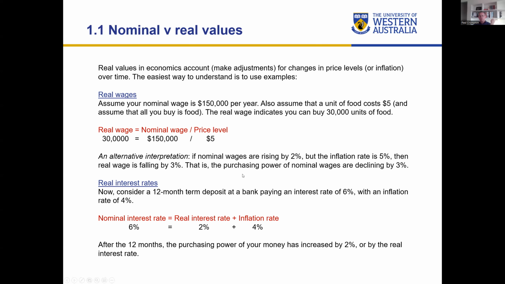And we've looked at the difference between real interest rates and nominal interest rates, and once again, worked out that real interest rates are the only measure of interest rates that make any sense at all. So just reinforcing the difference between nominal and real values, and the fact that real values are the ones of most interest and most meaning to economists.